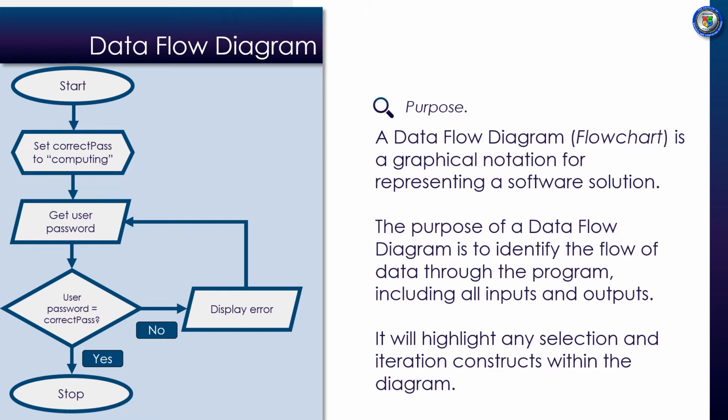This is again checked in the selection statement. User password equals correct pass, yes or no. If the correct password has now been entered, we will move forward to the next terminal, which will stop and finish the program.